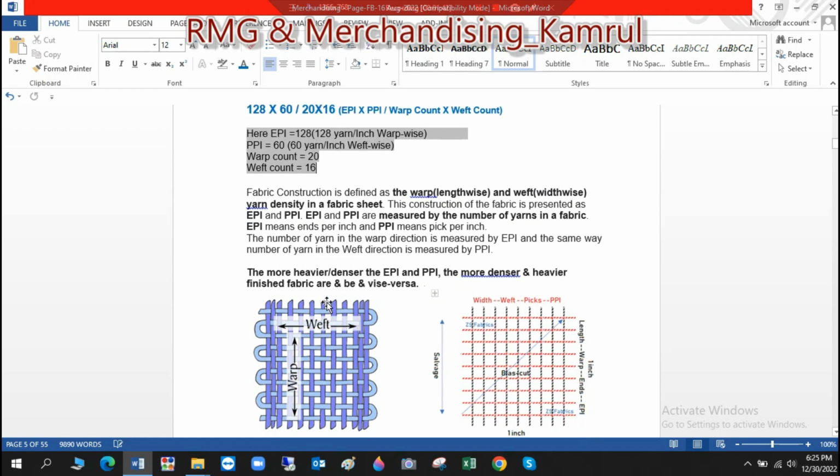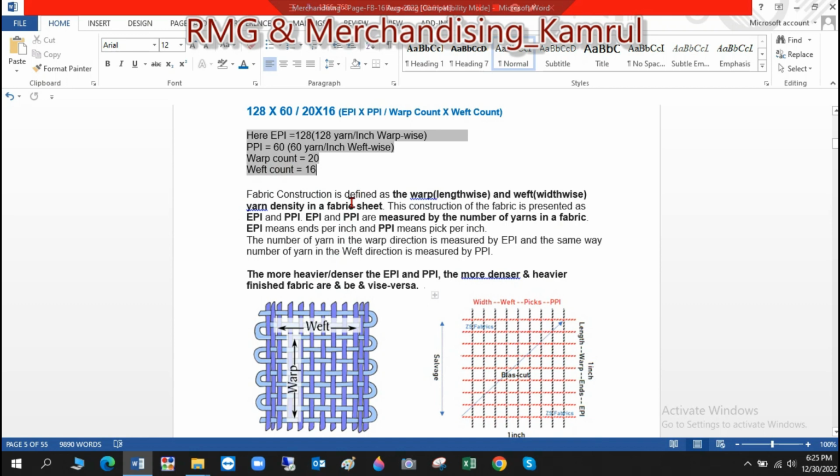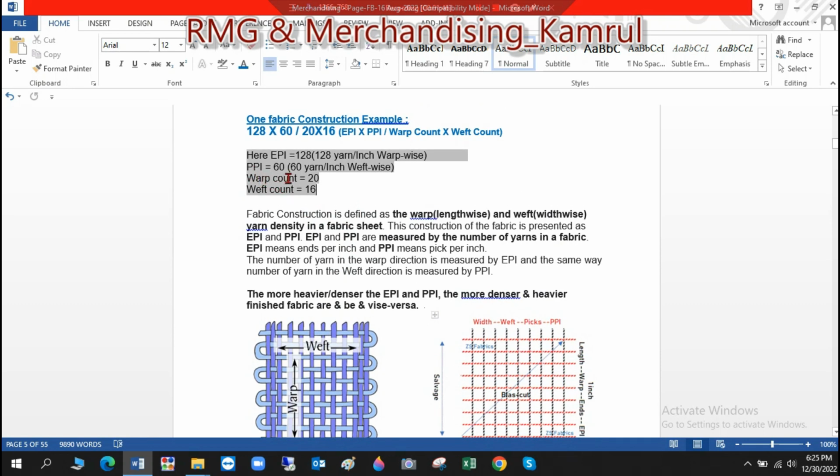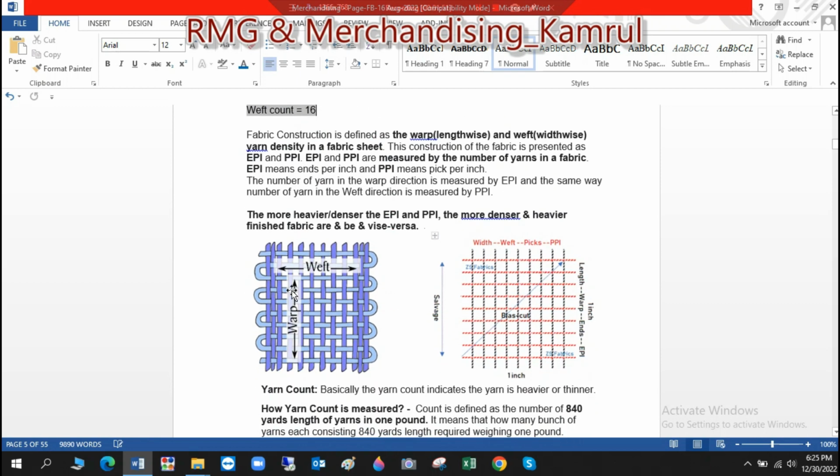The same way weft-wise, PPI means 60 yarns per inch weft-wise. Here also see this pick: 1 pick, 2 pick, 3 pick, 4, these picks widthwise, within 1 inch there are 60 picks. That is actually defined like this.